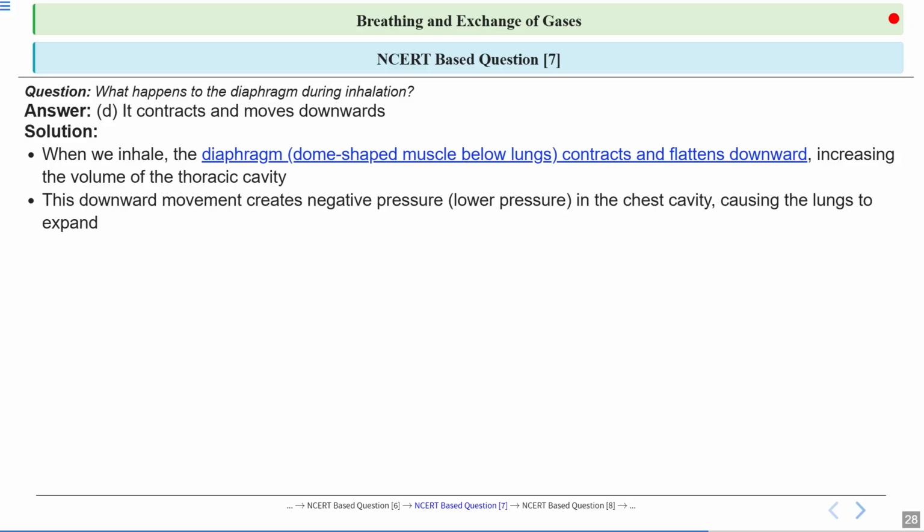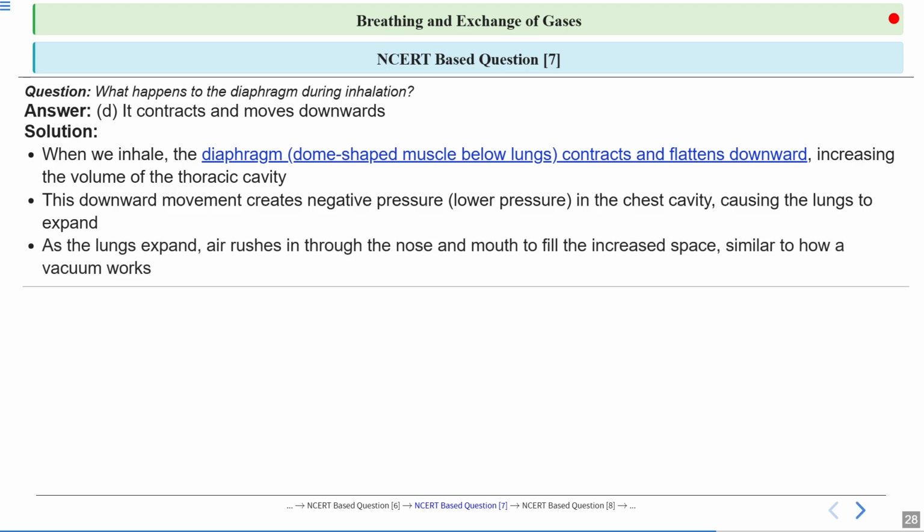So this downward movement creates a negative pressure, or lower pressure, in the chest cavity, causing the lungs to expand. And as the lungs expand, air rushes in through the nose and mouth to fill the increased space, similar to how a vacuum works.